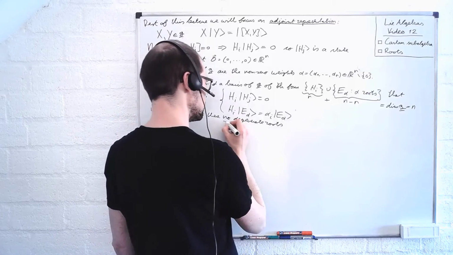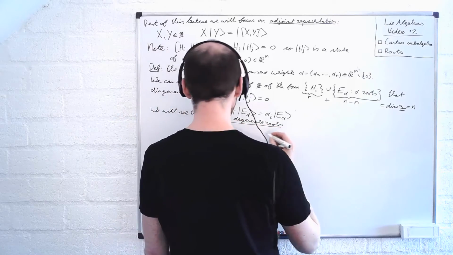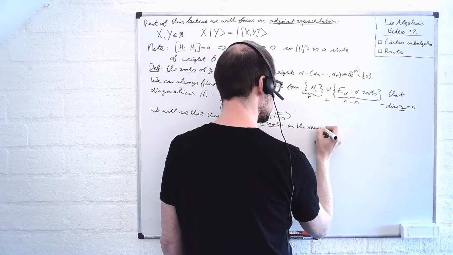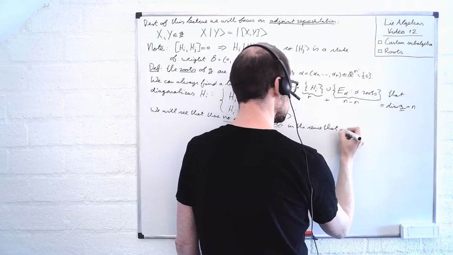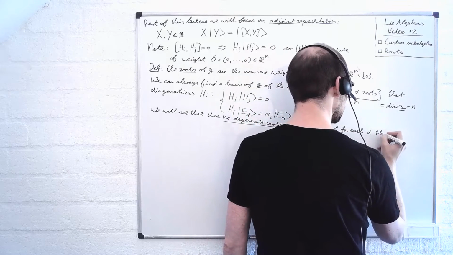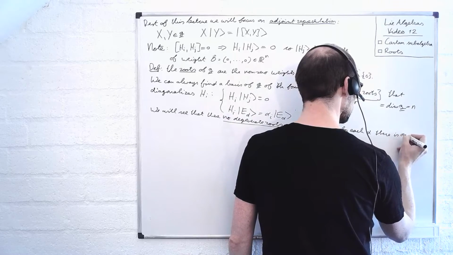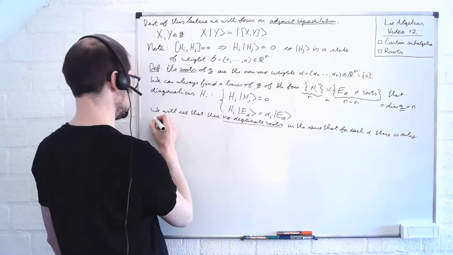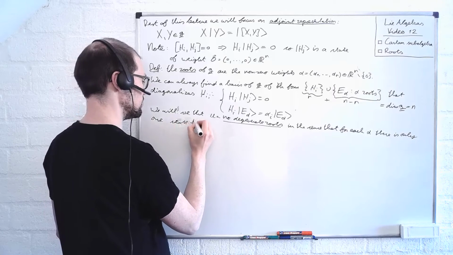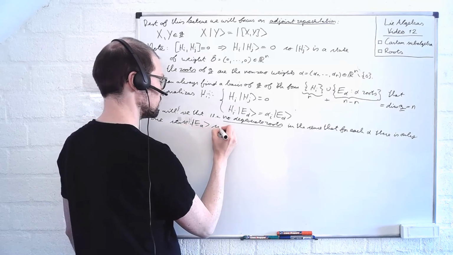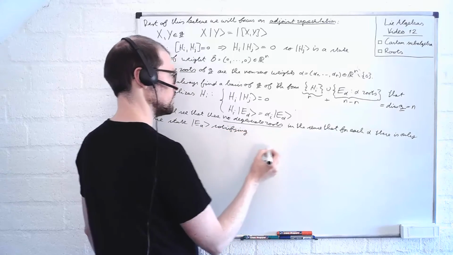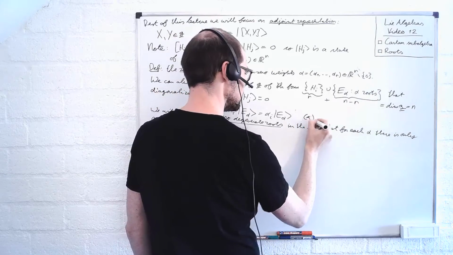So there are no degenerate roots in the sense that for each alpha there is only one state E alpha satisfying this condition.